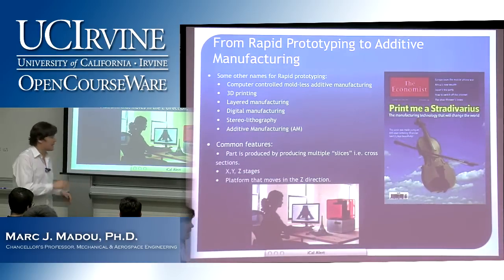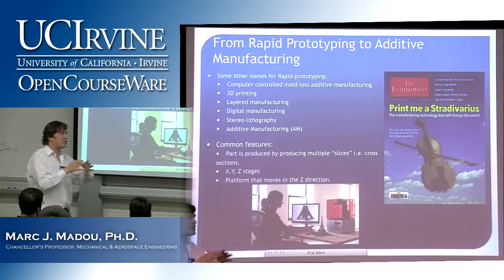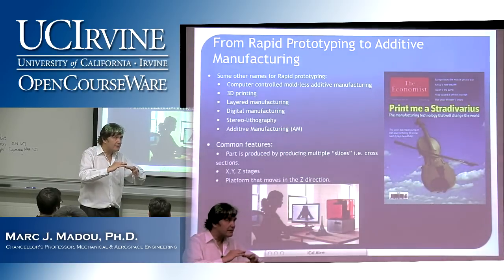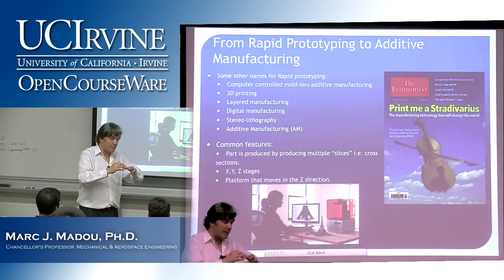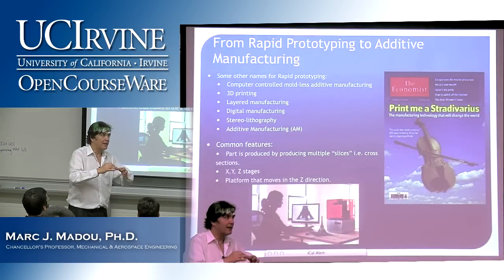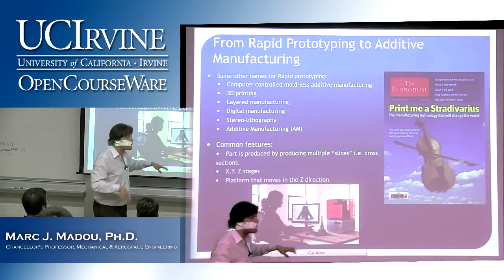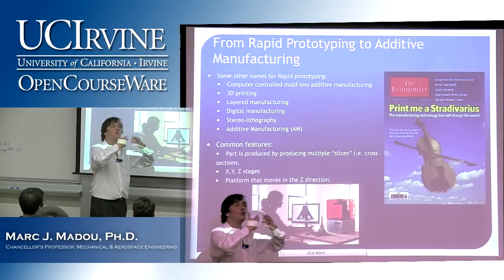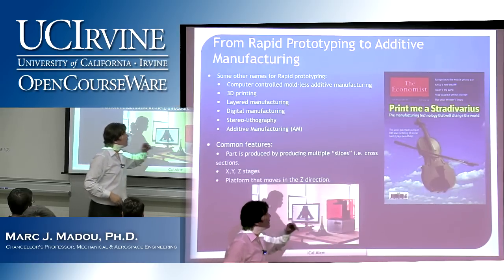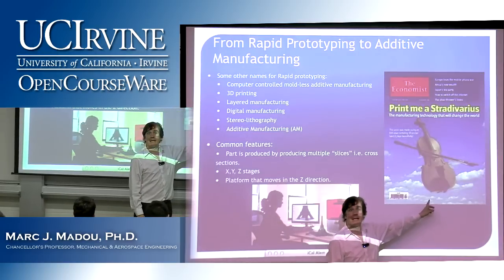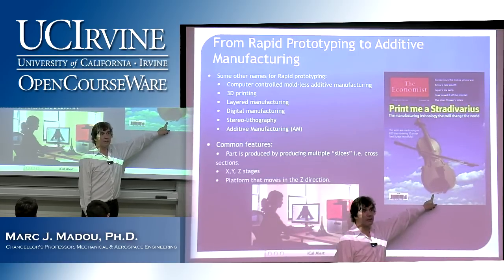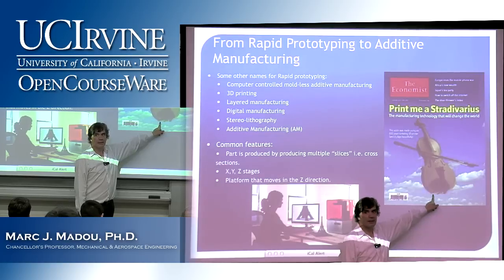So, slicing your object, each slice has a certain thickness, and that layer will be made by hardening something or sintering something, and then lowering this stage and putting down a new layer. Lowering the stage, put a new layer, and on and on and on. So I wasn't making it up, this Stradivarius was printed.